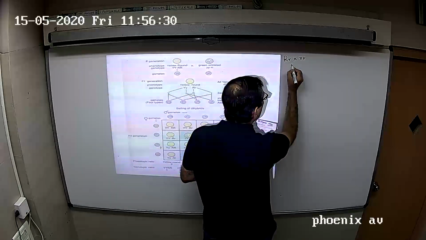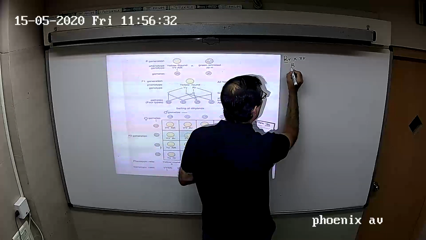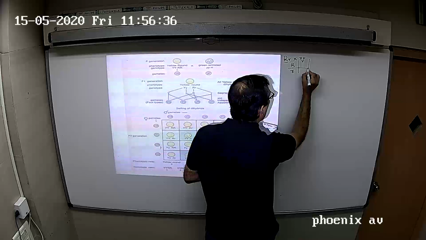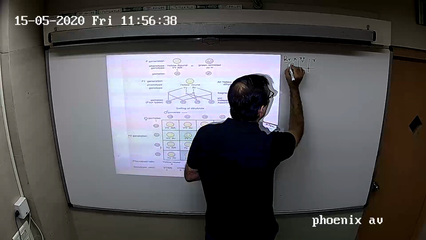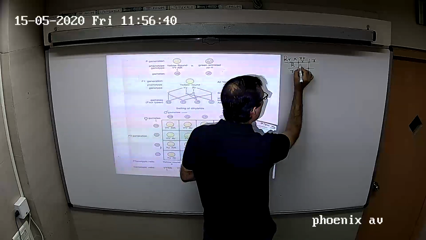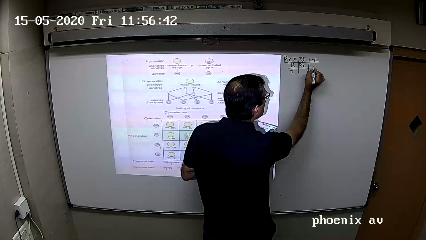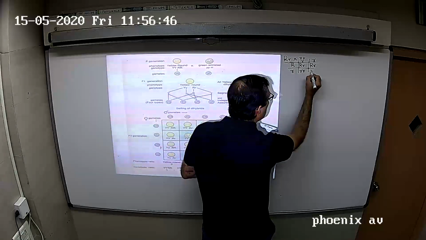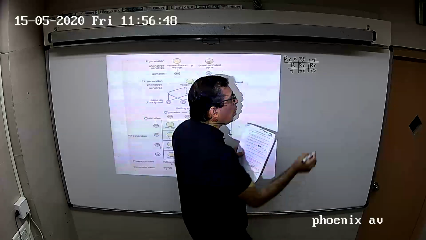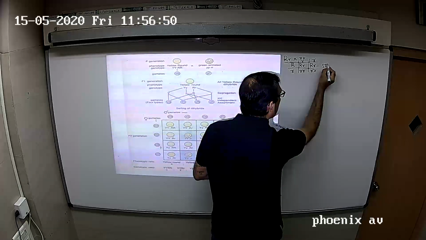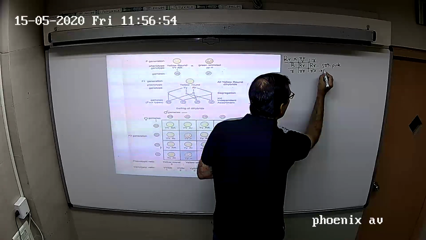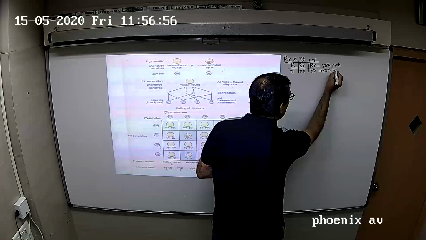What will be the gametes formed out of it? Capital R and small r. And here we will have small r and small r. So sir, उसमें से what will be the plant produced? Capital R, small r, capital R, small r, small r, small r, small r, small r. So 50% will become pink and 50% will become white.